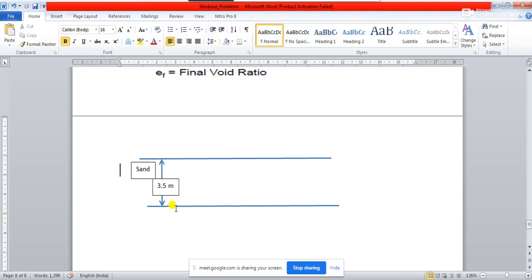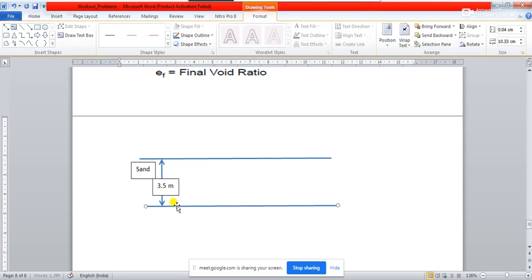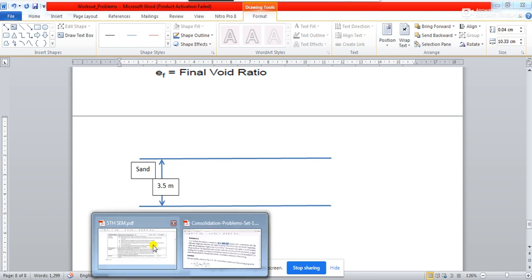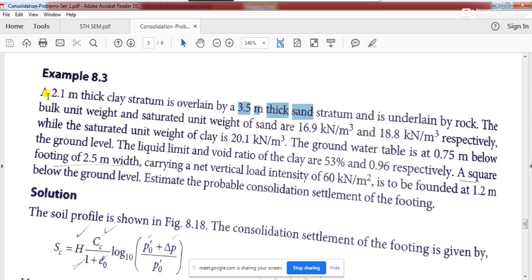Okay. Now under this sand layer, there is a clay layer, because if you see the problem, it is said 2 meter thick. I am not saying 2.1 meter, let us take it with 2 meter only. 2 meter thick clay stratum is overlain by 3.5 meter thick sand stratum.